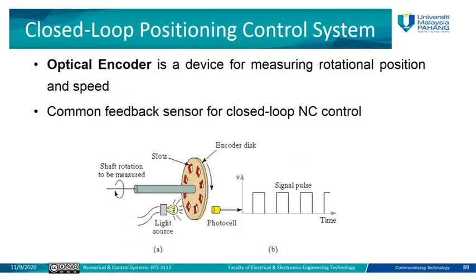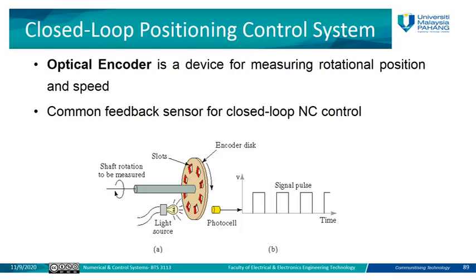So the encoder that we use here as a sensor to monitor the position of the table or of the spindle, its type is optical encoder, and it's a device used for measuring the rotational position and also the speed. So it's the common feedback sensor here for the closed loop NC control system.